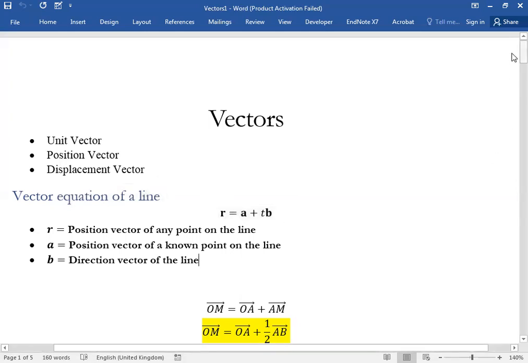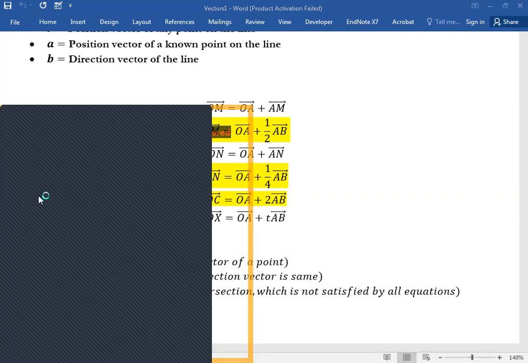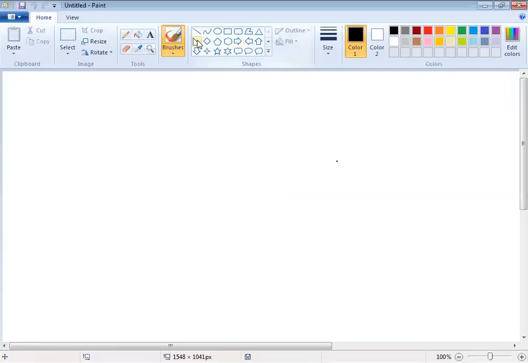Okay, first, understand something. I'll be making a vector. Okay, class.